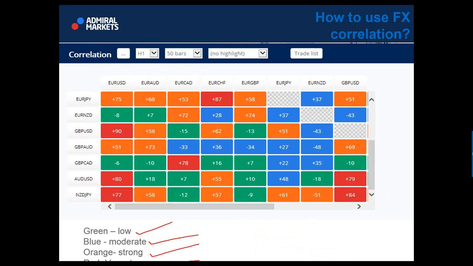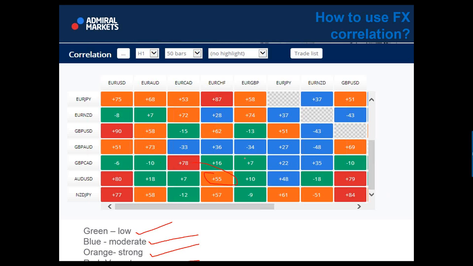Anything which shows me above 50, I tend to look at, especially if I'm trading, and I usually trade different pairs during the session. So I pay attention mostly to orange and red correlation. Because when I see that there is a green quadrant, that means that pairs don't necessarily move in the same direction. I can have both longs and shorts. It doesn't matter.